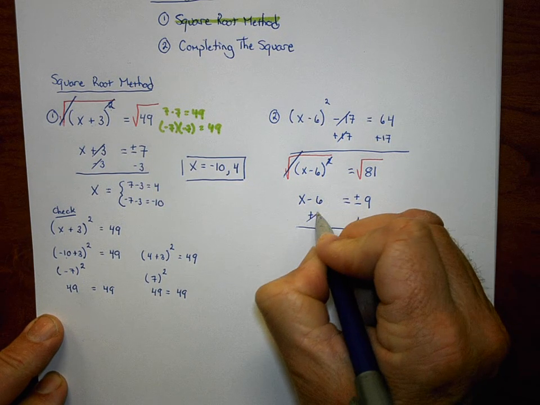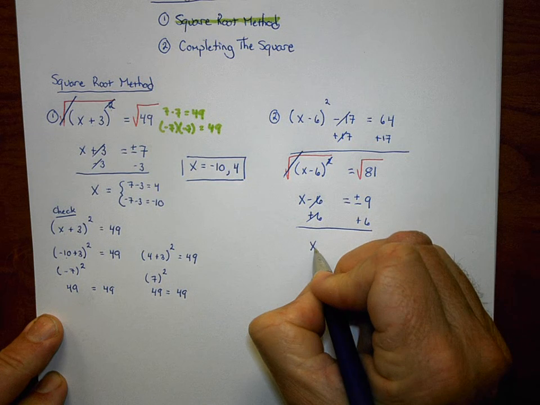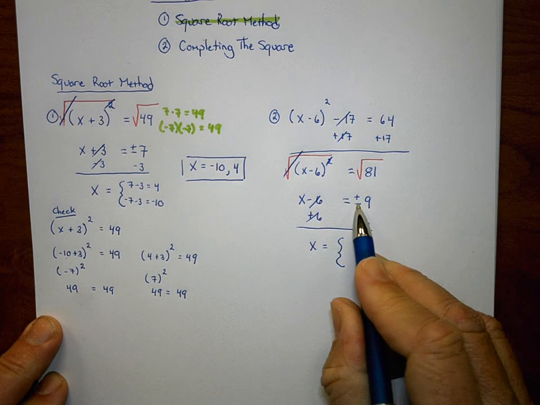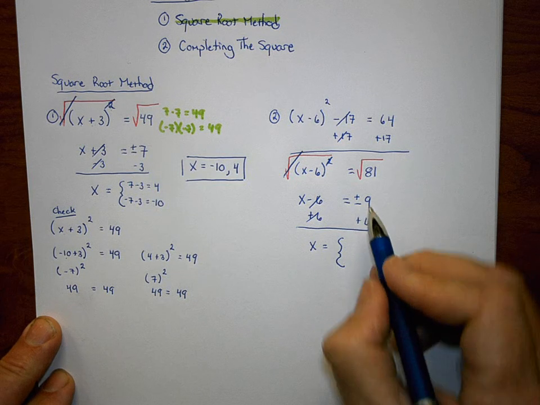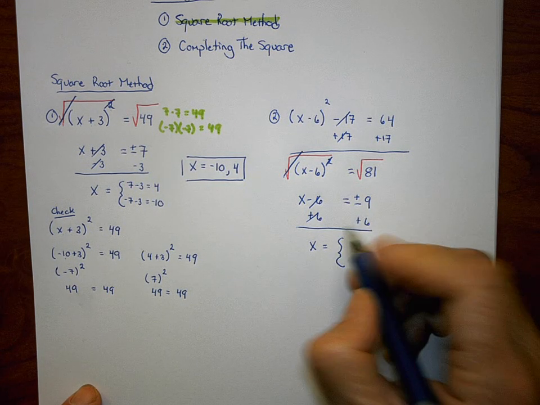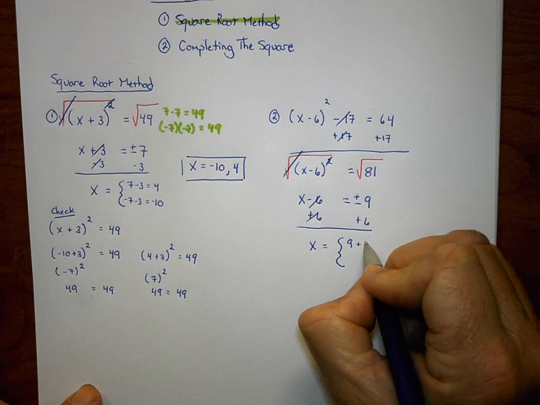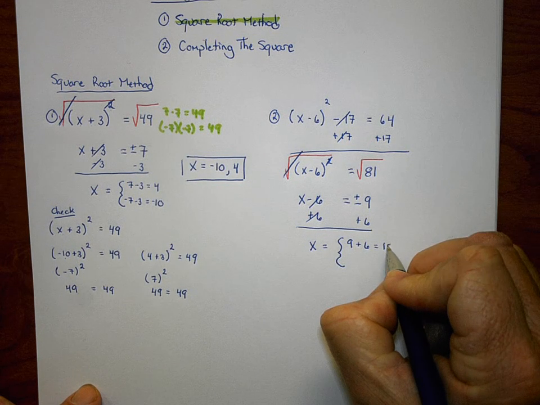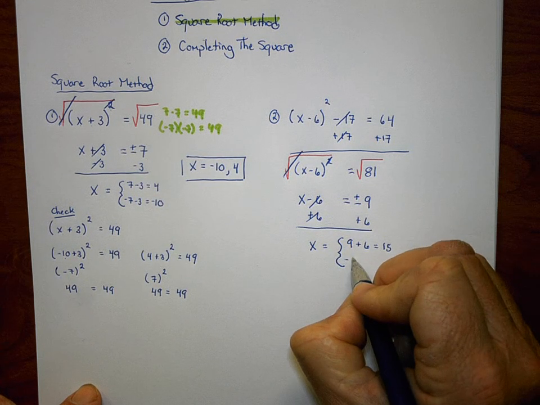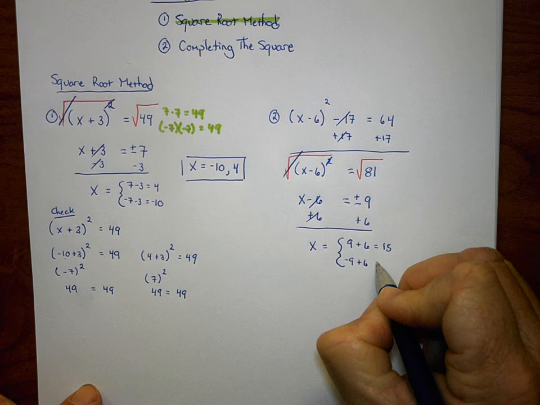The 6's are going to cancel out, and I'm going to get x is equal to, and at this point, once again, I have to figure out what are my two answers. My first answer is going to be the case when it's positive 9 plus 6, which is equal to 15. And my second answer would be the case of negative 9 plus 6, which is equal to negative 3.